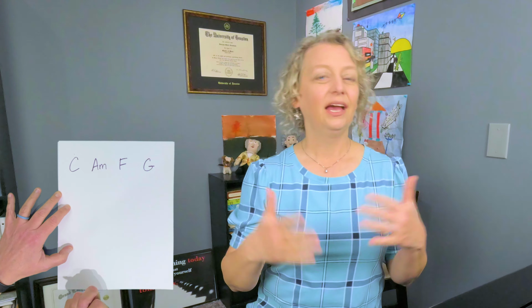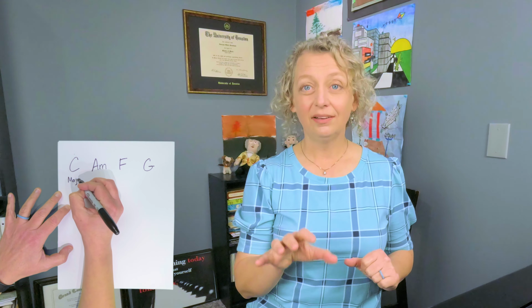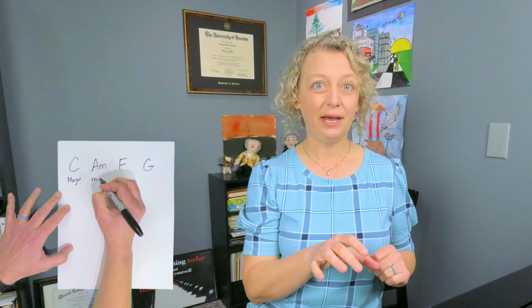Major chords are written with capital letters, and minor chords will have a lowercase m next to the letter name. So I could write this, capital C, Am, capital F, capital G, and now you know you are supposed to play a C major chord, then A minor chord, then F major chord, and a G major chord.